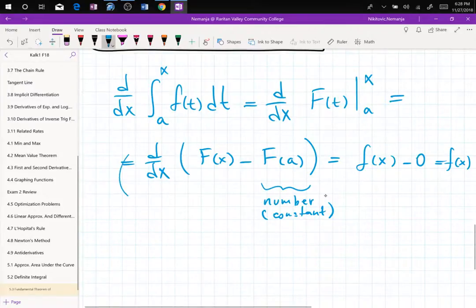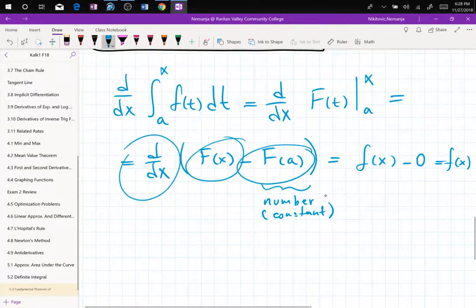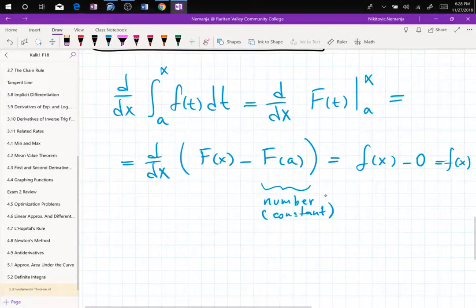No, I'm taking the derivative with respect to x, because the answer will be in respect to x. Why are these opposite?